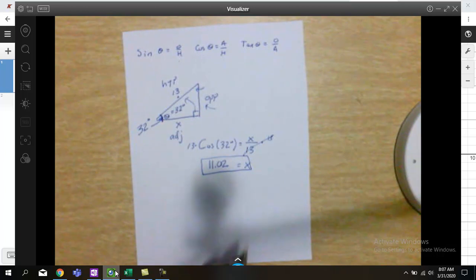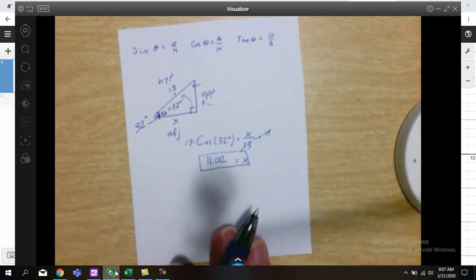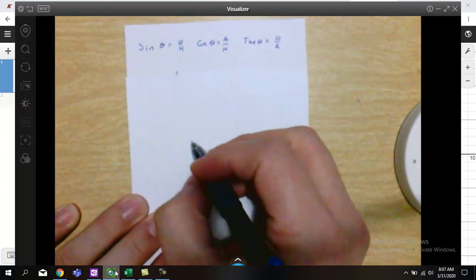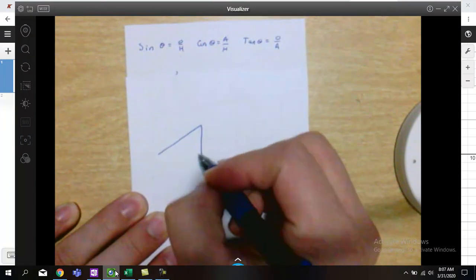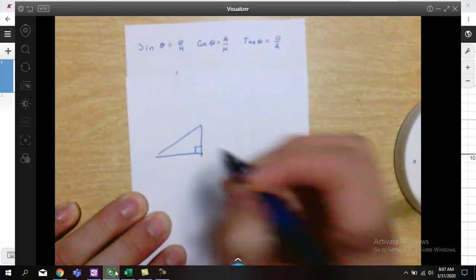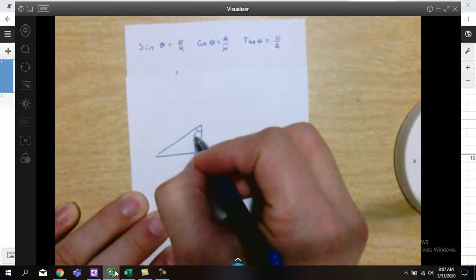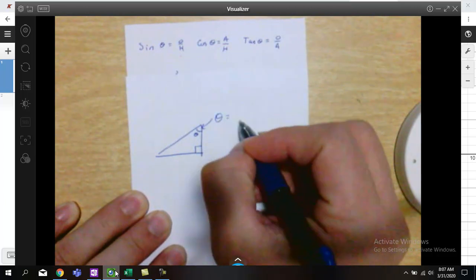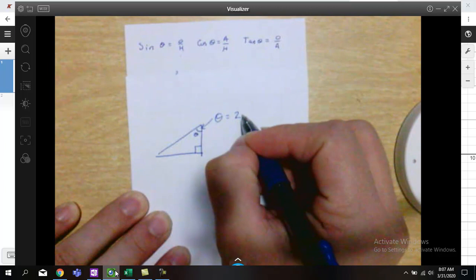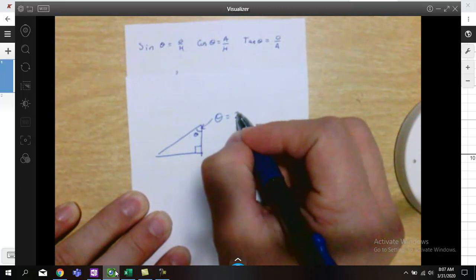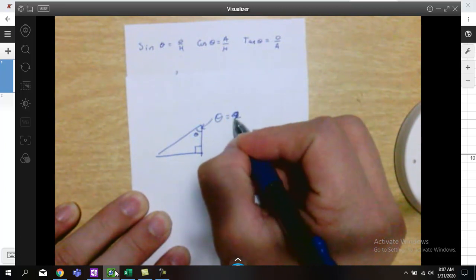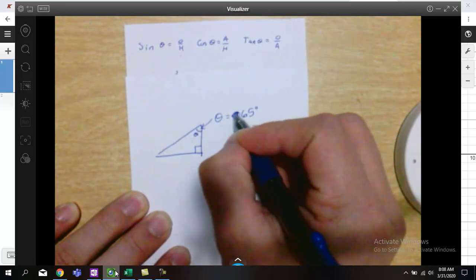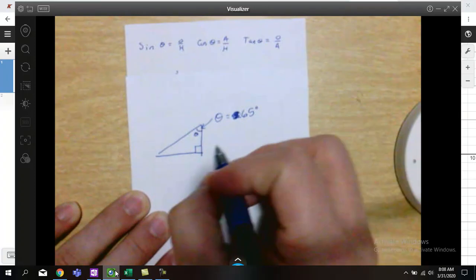Okay, let's look at one more example, another problem very similar in our right triangle trigonometry. This time, let's put theta up here. Let's say 65 degrees for our angle.